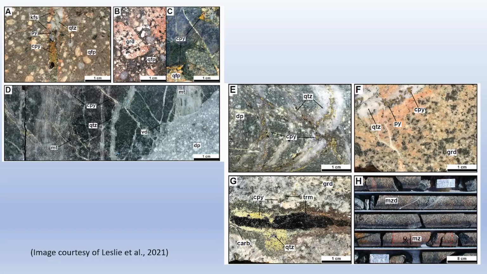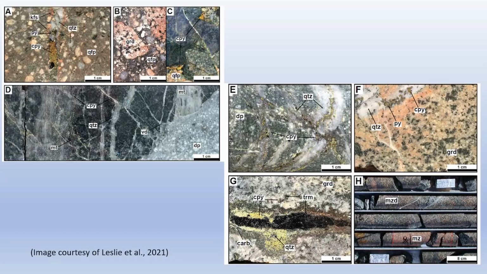The next is the presence of coarse cemented breccias with euhedral clasts in plates B and C. We have granodiorite clasts, which are euhedral and cemented by a quartz-feldspar matrix.